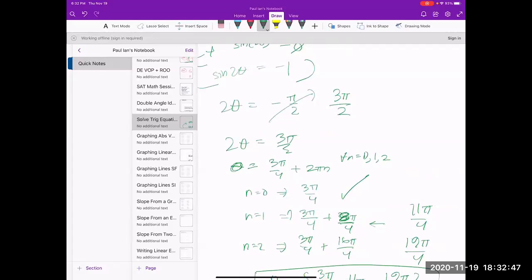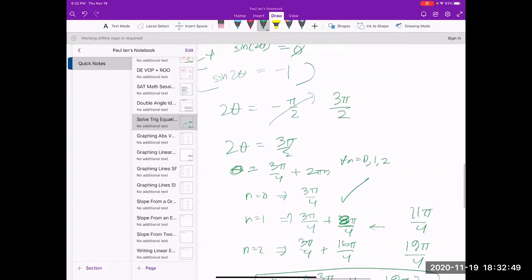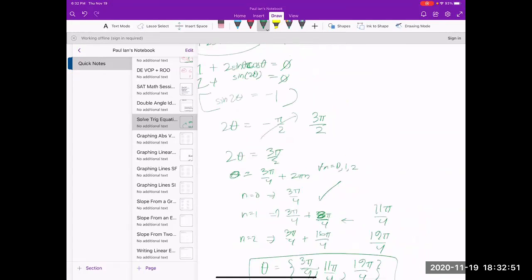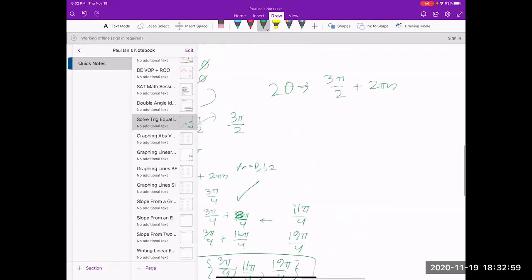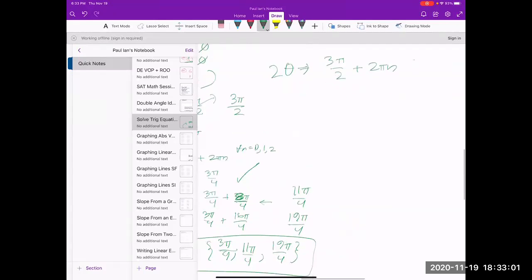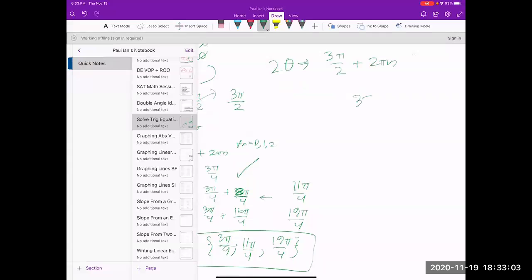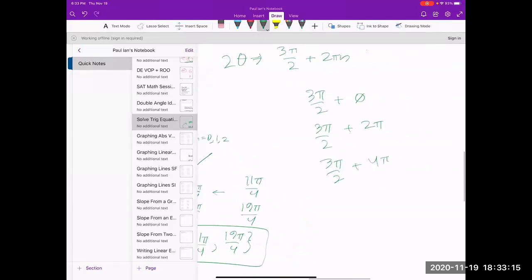Let me see. So 3 pi over 2 plus 2 pi n. When you do 3 pi over 2 plus 0, 3 pi over 2 plus 2 pi, 3 pi over 2 plus 4 pi, let's divide the 2 afterwards.